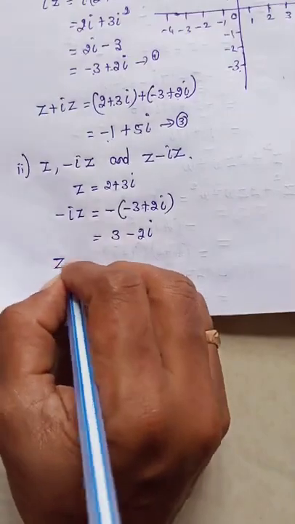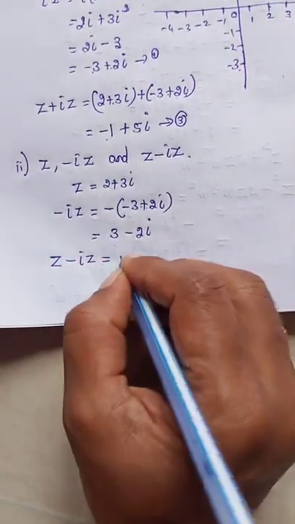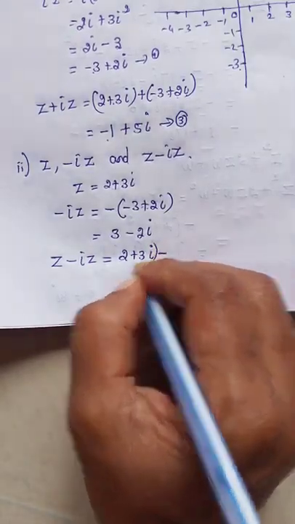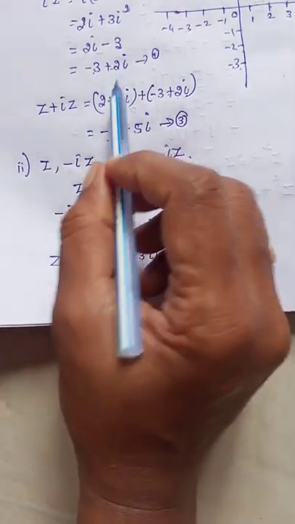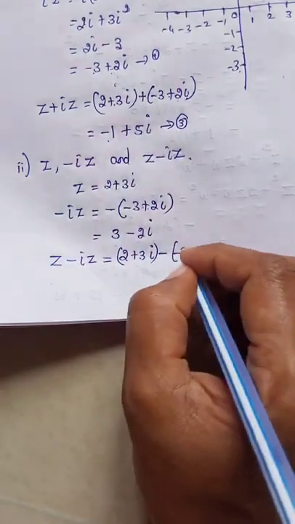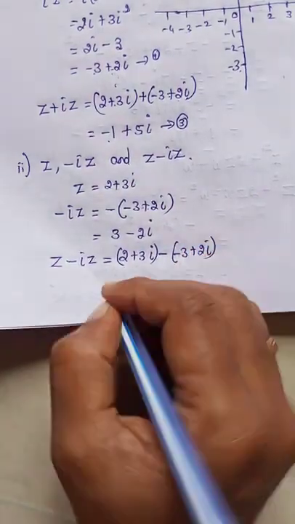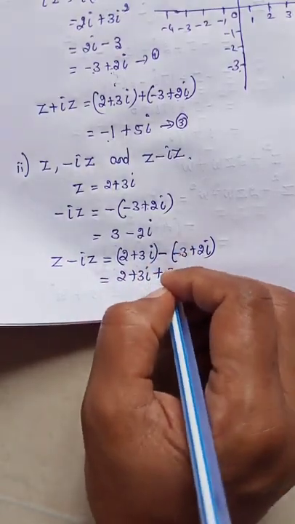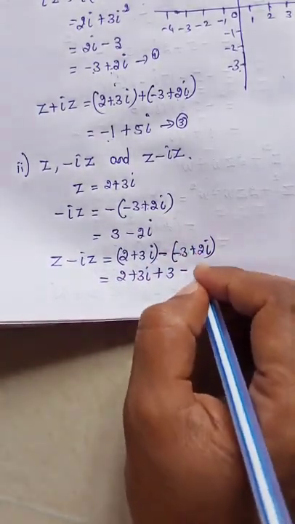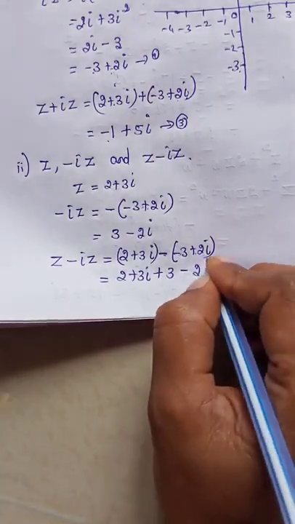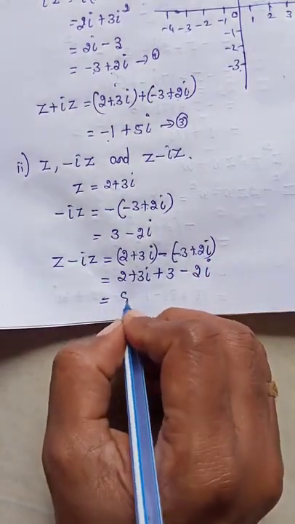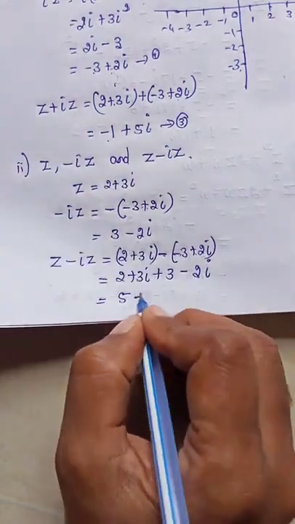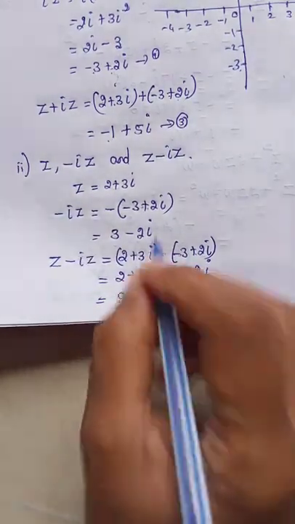Then Z minus iZ. Z is 2 plus 3i minus iZ. The iZ value I am substituting, okay? Minus of minus 3 plus 2i. So 2 plus 3i, minus into minus plus 3, minus into plus, minus 2i. 2 plus 3 that is 5. 3i minus 2i that is plus i.